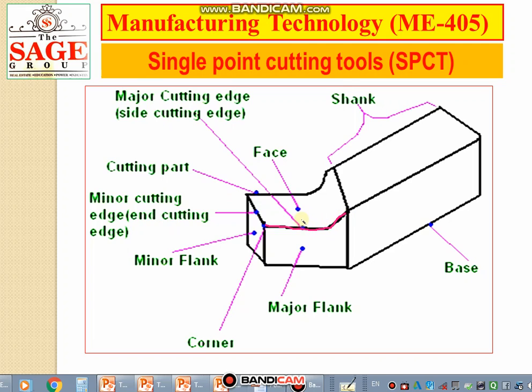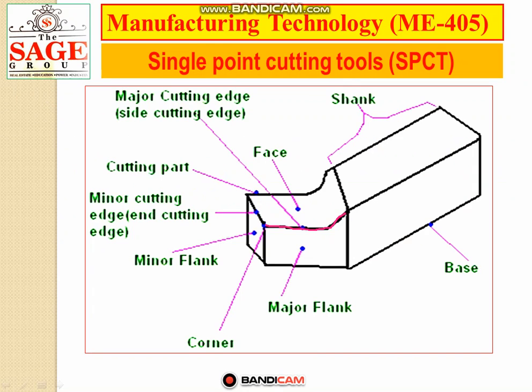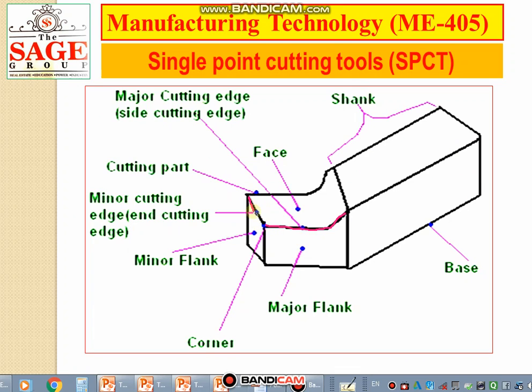It is the intersection of this top face, known as the face, and this side flank or major flank. So it is the intersection of these two surfaces. Then how is the end cutting edge or minor cutting edge formed? Again back to the diagram. This is the end cutting edge, and it is formed by the intersection of this top face and the minor flank or end flank.